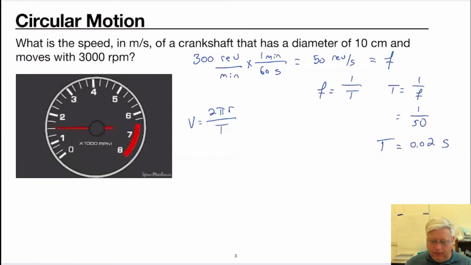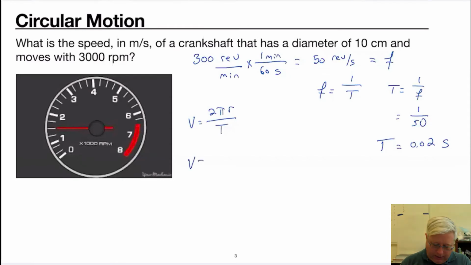The revolution is not exactly a unit. The frequency, hertz, is just a measure of how many times anything happens per second. Okay, so now we have the period.